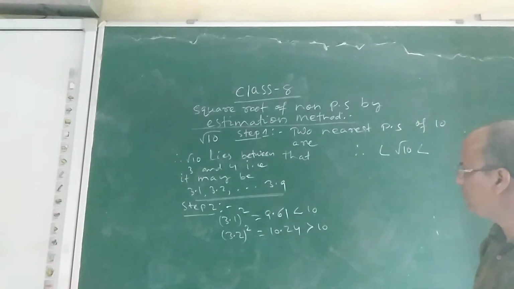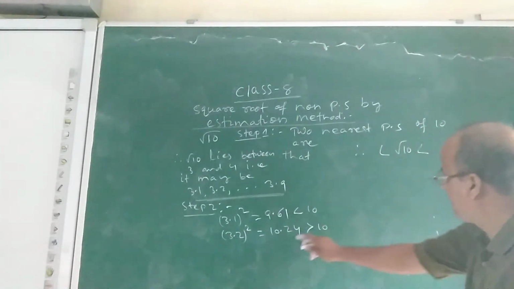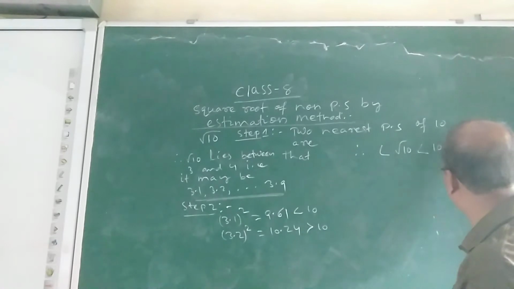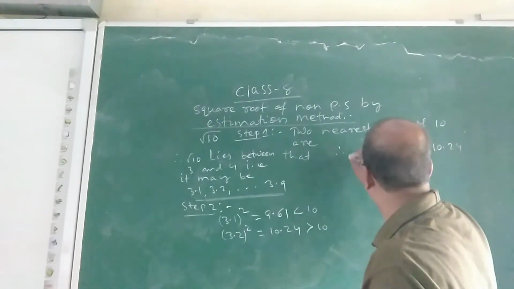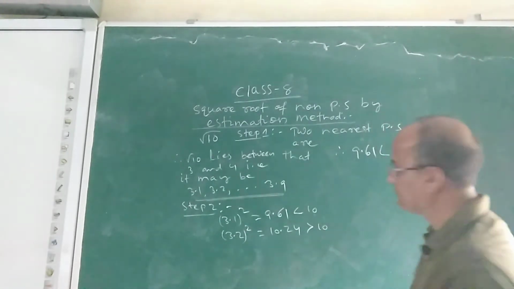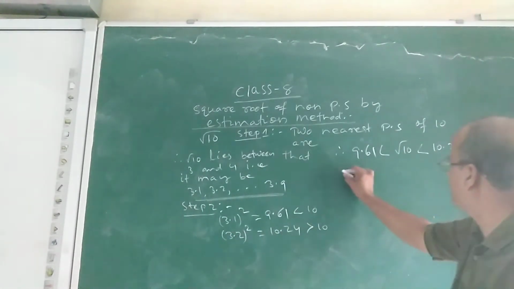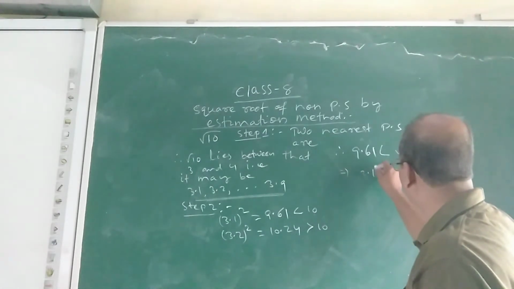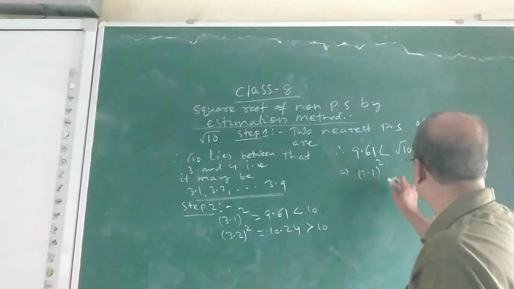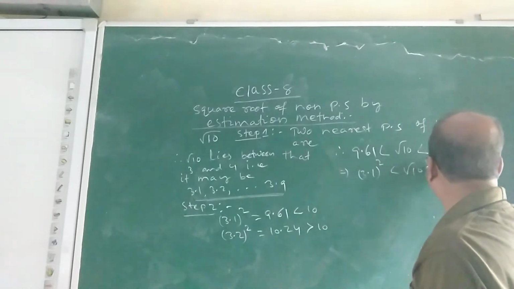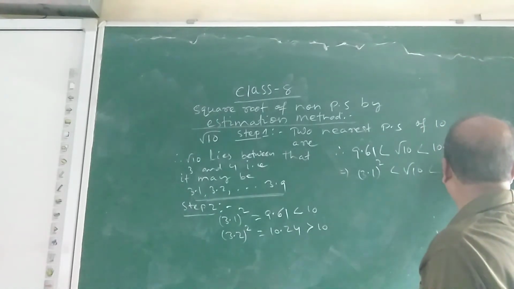Square root of 10 will be less than 10.24 and greater than 9.61. That means this is 3.1 whole square, this is root 10, this is 3.2 whole square.